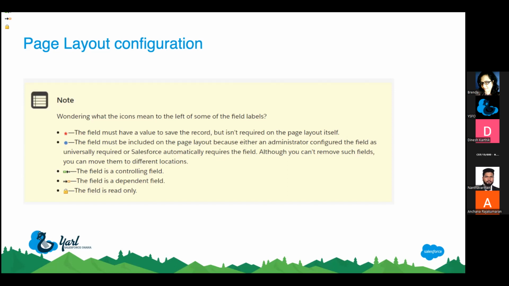When you make it required on the page layout, the page layout is the UI, right? As I said, we can have multiple UIs for multiple sets of people, even multiple UIs for multiple record types. You can make the field required on some page layouts and not on others.